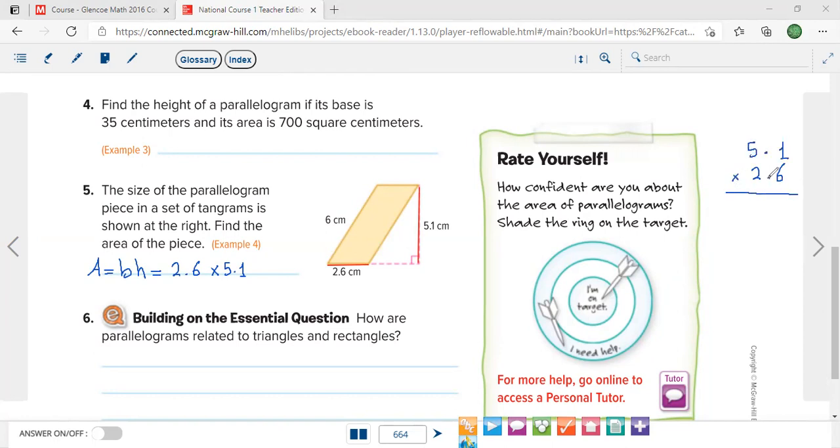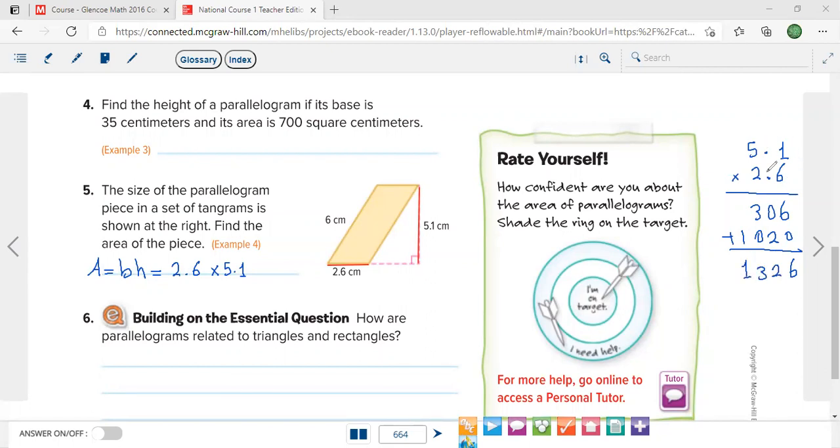Of course, in multiplication, we ignore the decimal point and we put it at the end. 6 times 1 is 6. 6 times 5 is 30, equals 0. 2 times 1 is 2. 2 times 5 is 10. And you add: 6, 2, 3, 1.